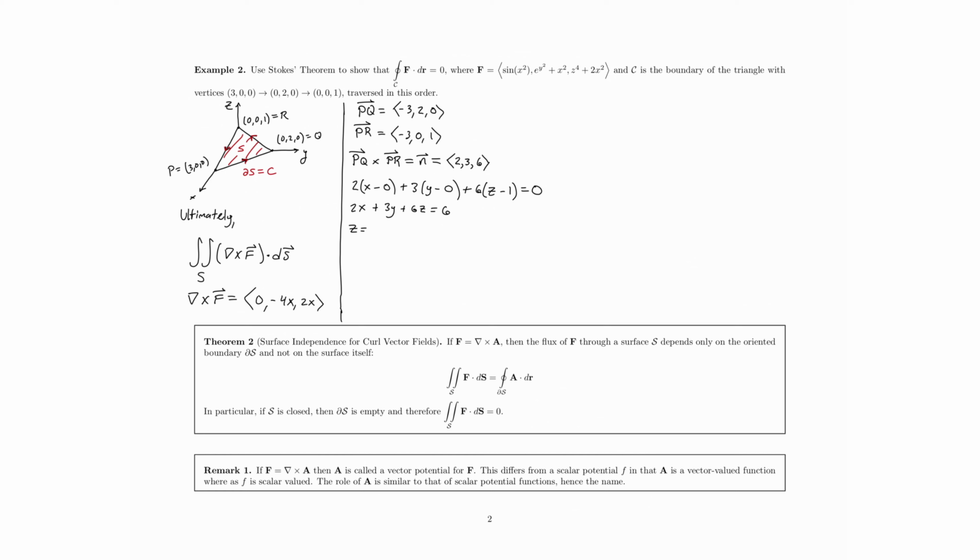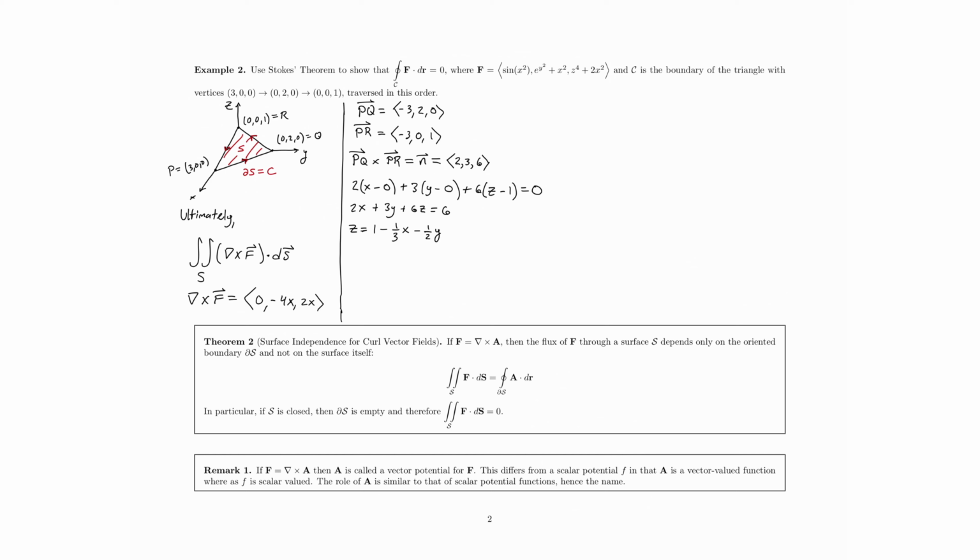So z is 1 minus 2/6, so 1/3 x, minus 3/6, so 1/2 y. Okay.